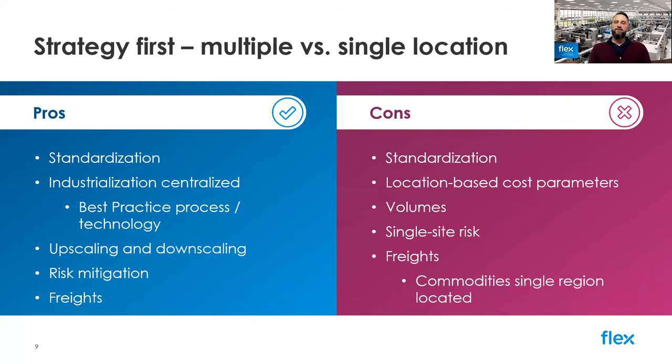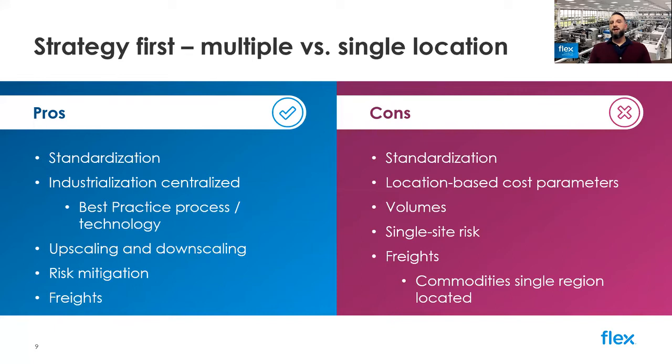On the other side, if you're taking risk mitigation, if you have a multi-site approach and you have a situation where you need to stop in one location, you can simply upscale another location by increasing the volume.